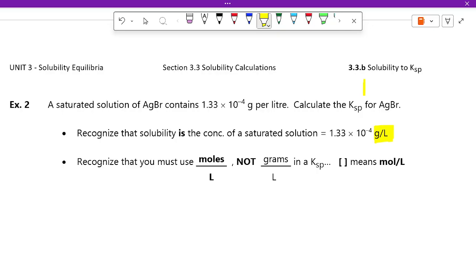No. For KSP, we need moles per liter. So what we're going to do is calculate the concentration of AgBr in moles per liter. Do I write it like this? Is that what I write? Or is there a better way to show that I am calculating the molar concentration of AgBr?